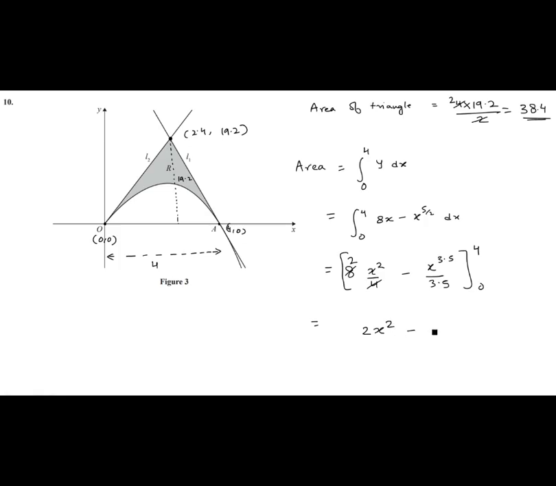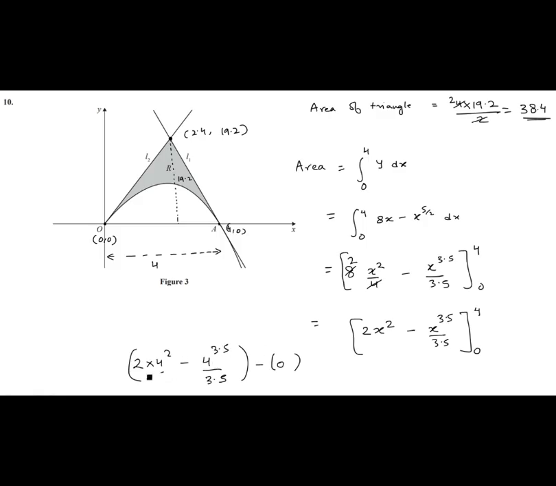Overall 0 to 4. So your integration will be 2x squared minus x to the power 3.5 over 3.5, and then the limits are from 0 to 4. So if we put x equals 4 here, this becomes 2 times 4 squared minus 4 to the power 3.5 over 3.5, minus, when you put 0, everything becomes 0 because you have x squared and x terms here. So if you simplify this, for this we can use a calculator.